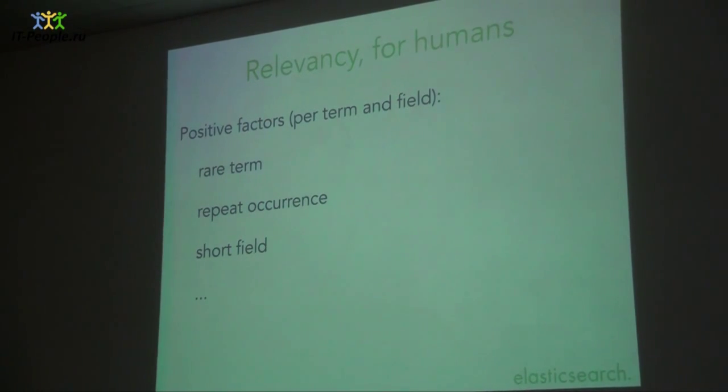But it's actually more relevant if the term is in the shorter field, in the description or in the title. So that's also another thing that we take into account. So this is the TLDR version of the formula from the previous slide.